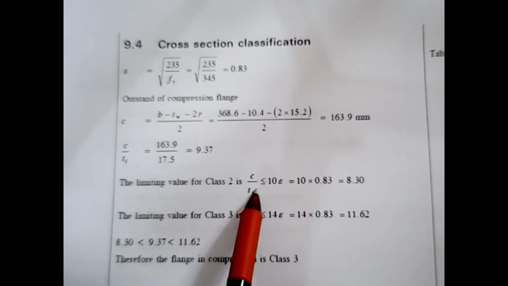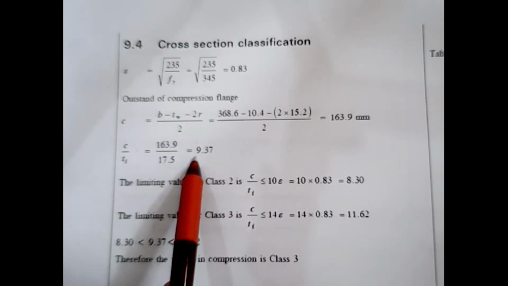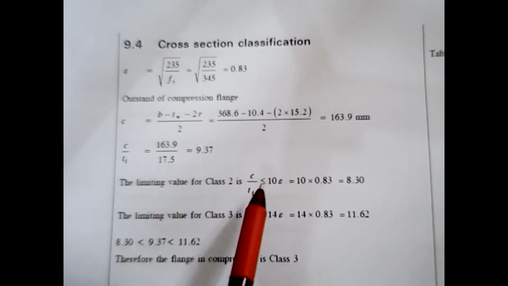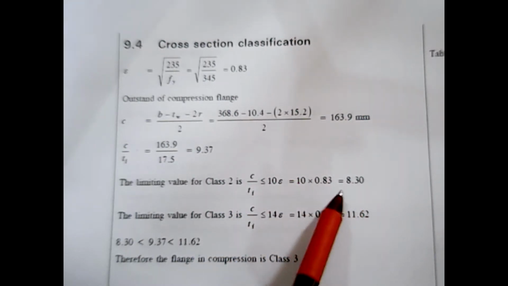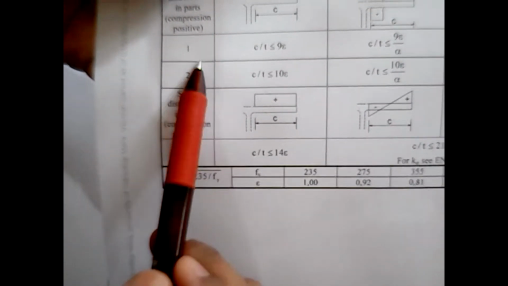So c over tf of 9.37 is not less than 8.3, which means it does not fall under class 2.